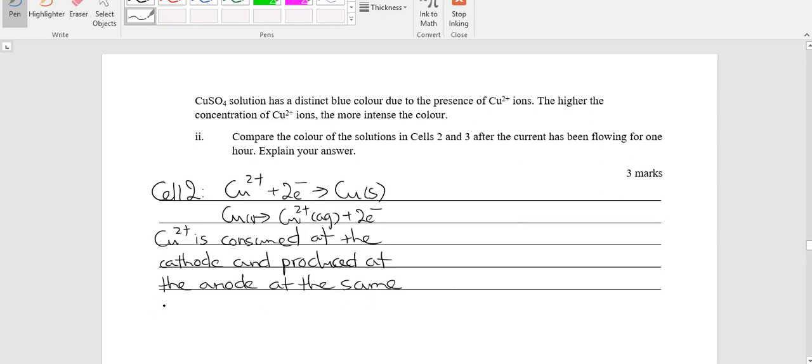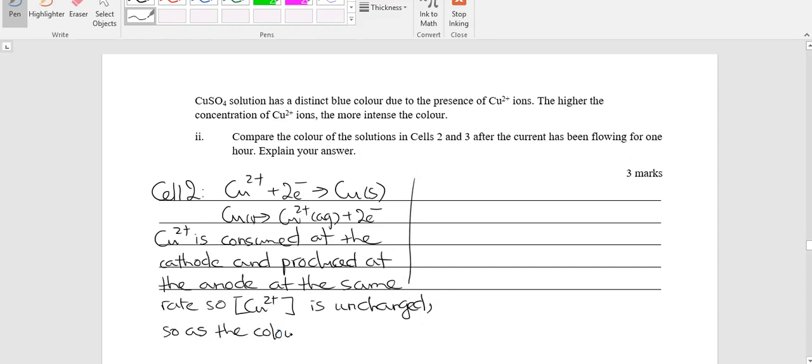So the concentration of copper 2 plus ion is unchanged, which means that the intensity of the color of the solution in cell 2 remains unchanged. Unchanged, so is the color of the solution. So that's what happened with cell 2.